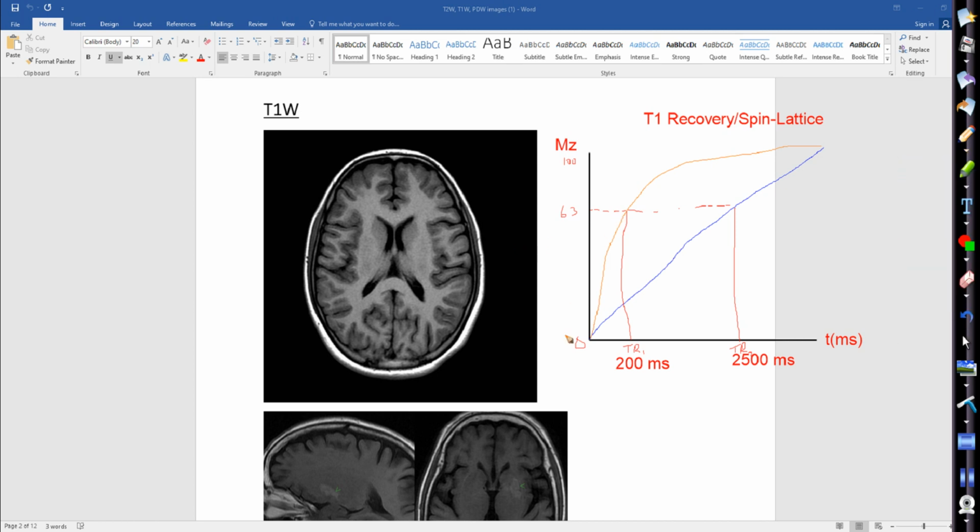So no matter where you select your TR, fat is always going to have a larger signal intensity than water in terms of T1 contrast.